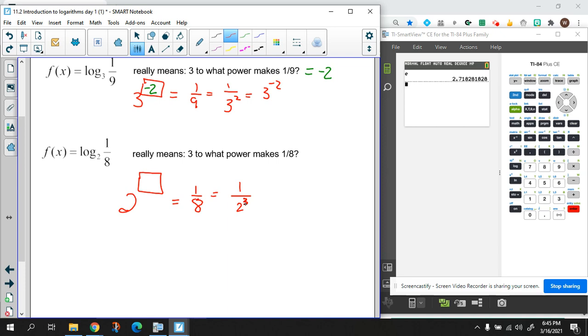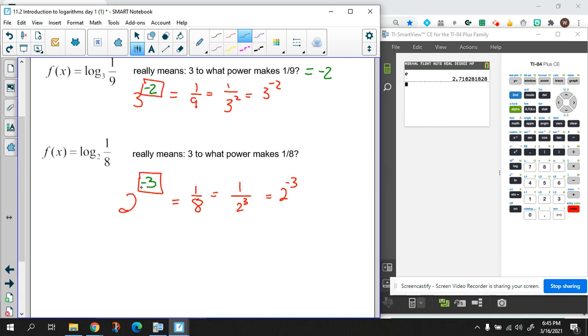That's helpful. But you know we're not going to put a 3 in the box. 2 to the third is actually 8. We want 1/8. You can do that one extra step here and rewrite this as 2 to the negative third. And then that reveals what the answer should be in our box. 2 to the negative third is 1/8.